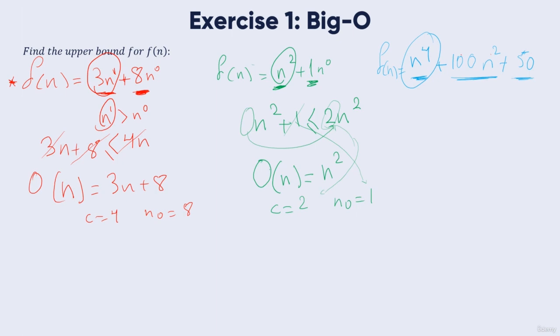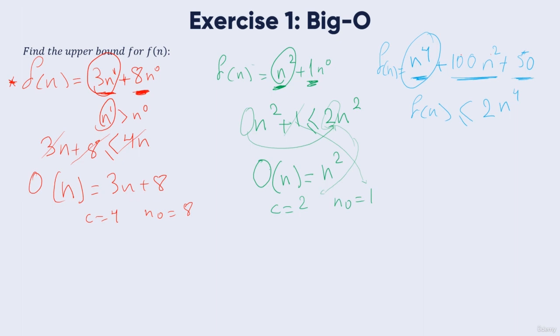So this function f of n is less than or equal to, we increase the 1 that multiplies n to power 4 by 1, 1 plus 1 is equal to 2. And the highest degree is n to power 4. So this function is less than or equal to 2n to power 4.